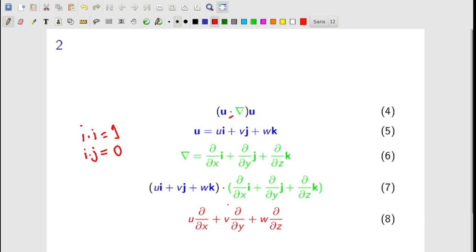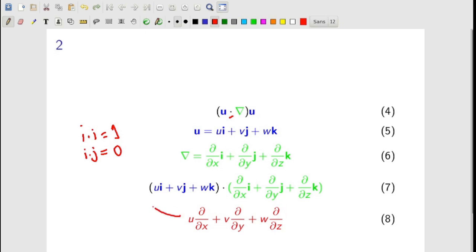So we're left with this term here. The components u, v, and w multiplied by the corresponding derivative in that direction. So u ∂/∂x, v ∂/∂y, and w ∂/∂z, the respective components.